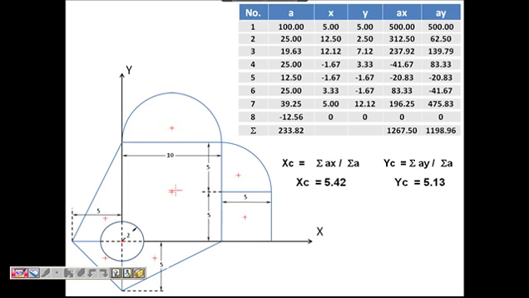This is the location. See here the bold red mark, approximately, but that is the location of this entire centroid, and that is it. You can follow this process and literally solve any problem on area.